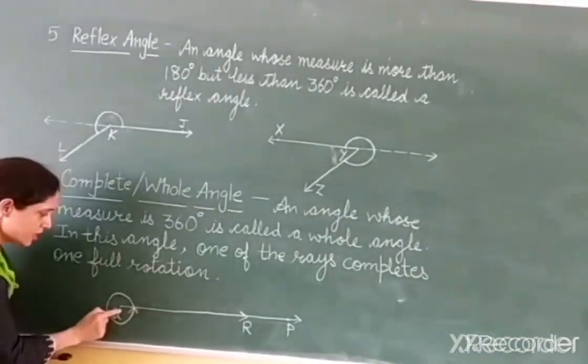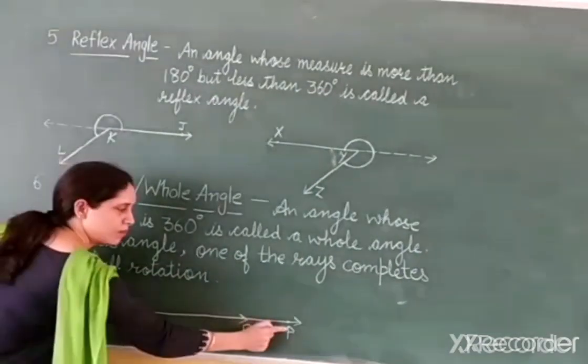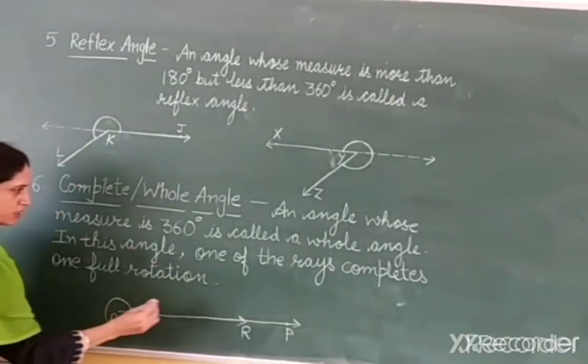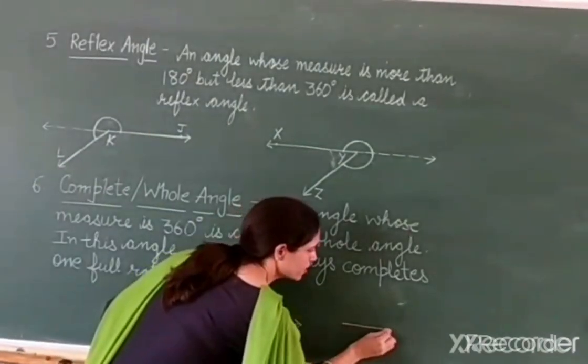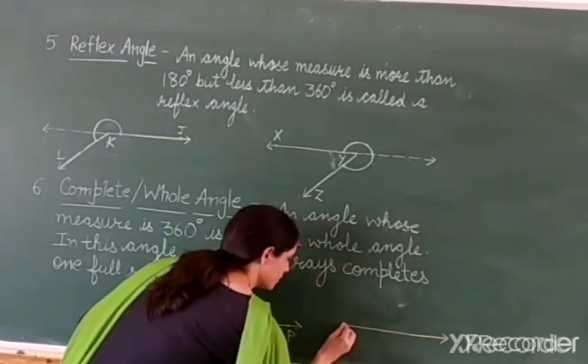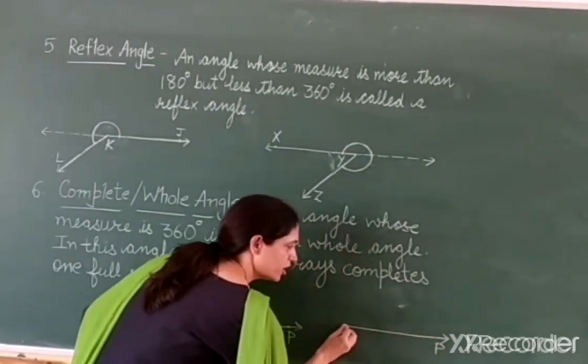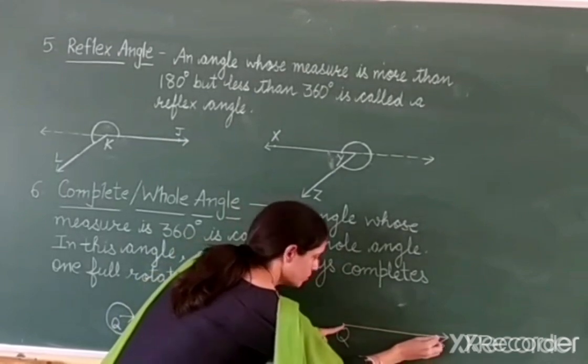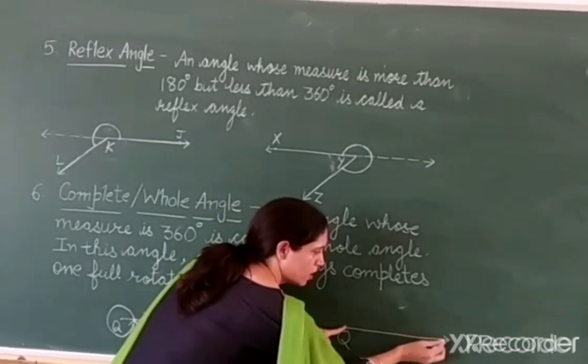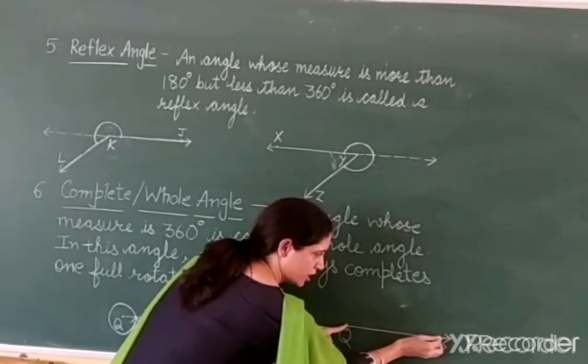Here one ray is ray QP. Another ray is QR. This is the first ray, QP. Another ray is QR. Start from the original point or the initial ray.